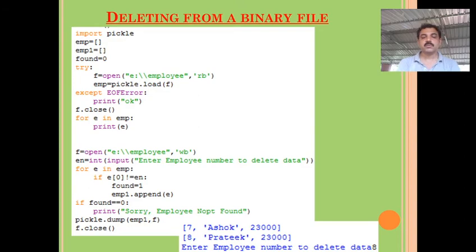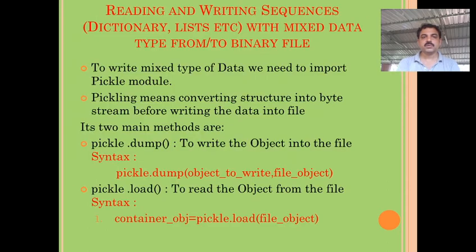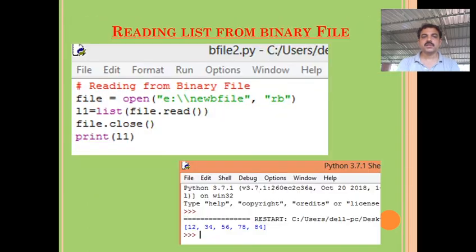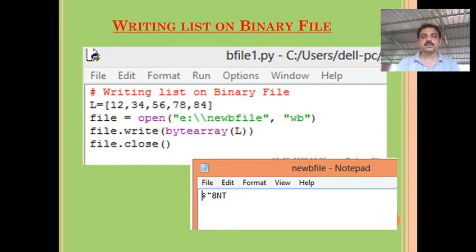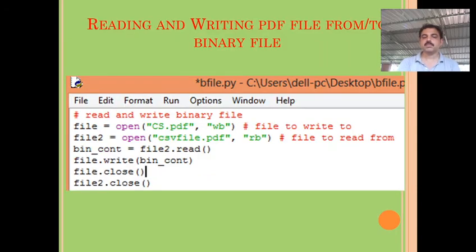Clear? So I hope you are clear with the operations on binary files. So we have done adding. Without using pickling, it is a little bit tricky. That means when you have to convert it into binary form, then write it. Similarly, when you read, you have to read it and then convert it to a particular form, then display.